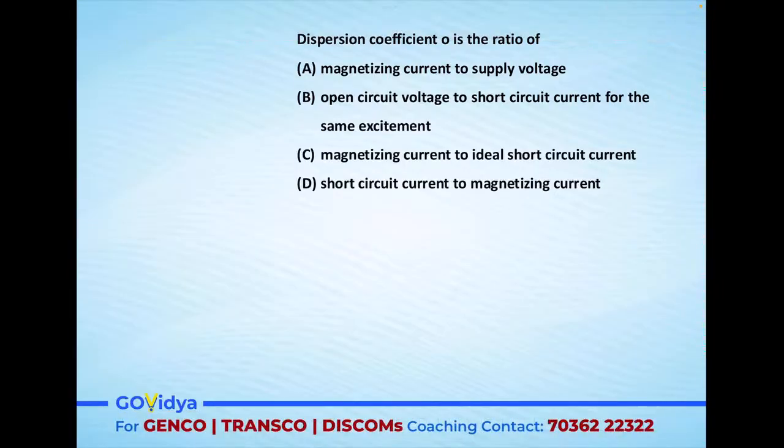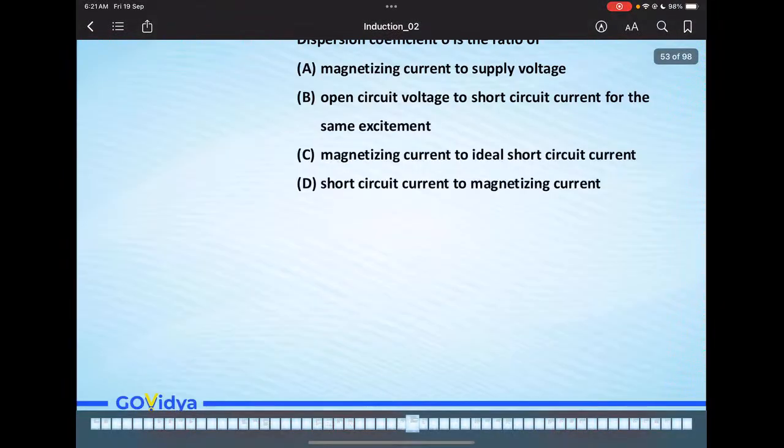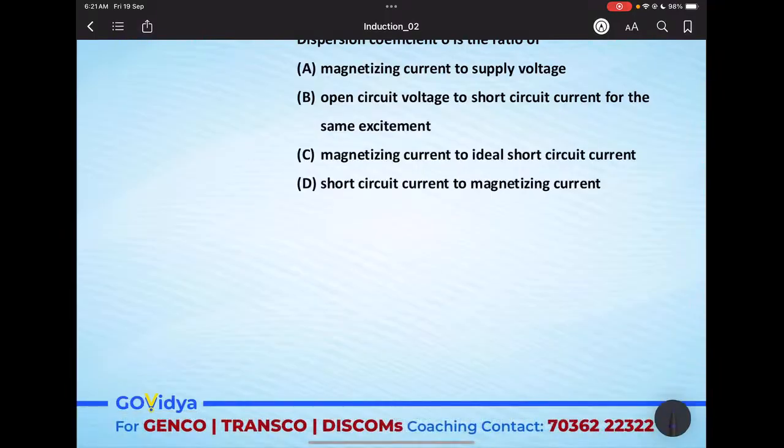Dispersion coefficient is the ratio of... actually, what is dispersion coefficient? It is used to measure the leakage flux, how much leakage flux is going to happen in the machine. It is applicable for both transformer and induction machines.